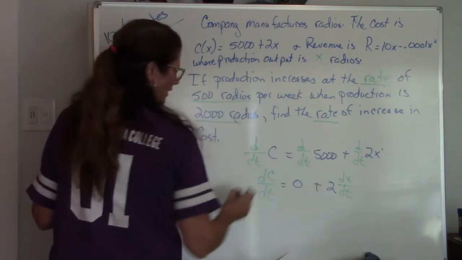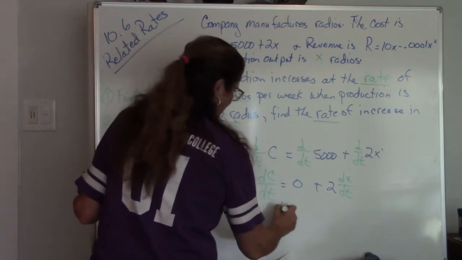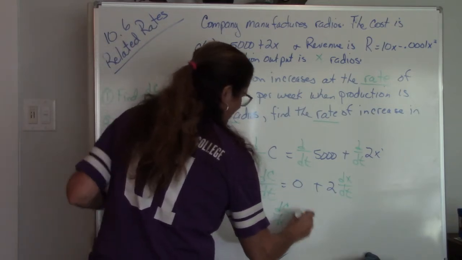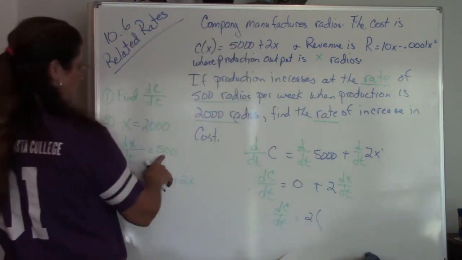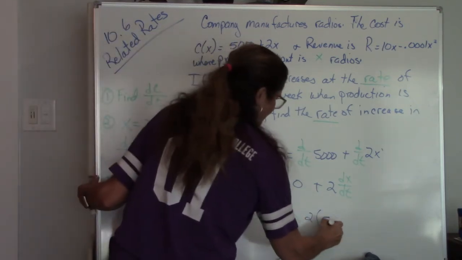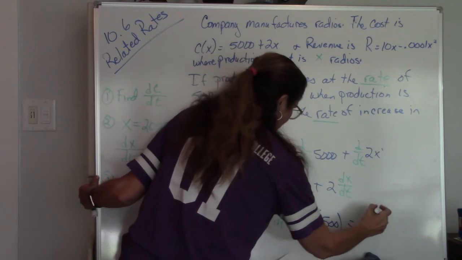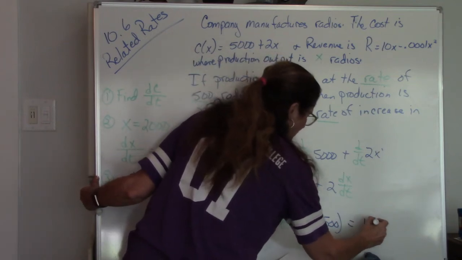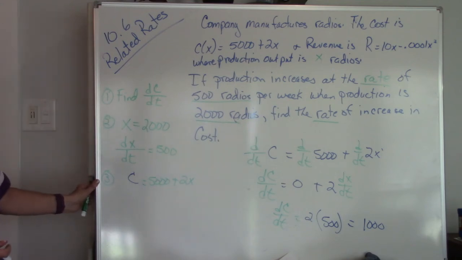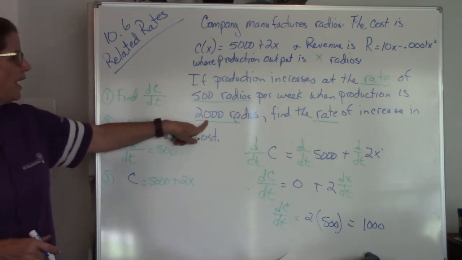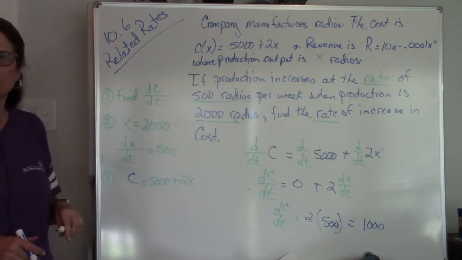I know what dx/dt is, so dC/dt equals 2 times dx/dt, which was 500. So the increase in cost in terms of time is 1,000. The cost is going to increase by $1,000 per week when we have 2,000 radios to produce.